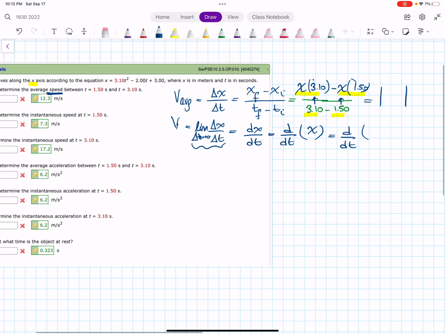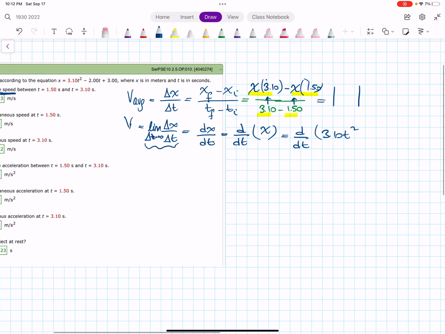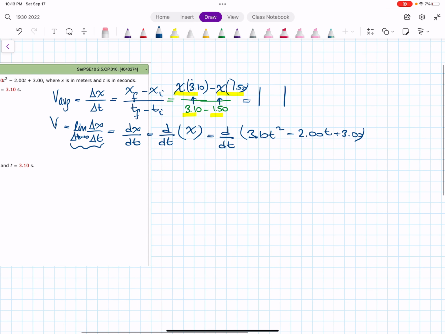d over dt of 3.10 t squared minus 2.00 t plus 3.00. How do you take the derivative, guys? The 2 is going to come down. You are left with t minus 2.00. What's the derivative of a constant? 0.